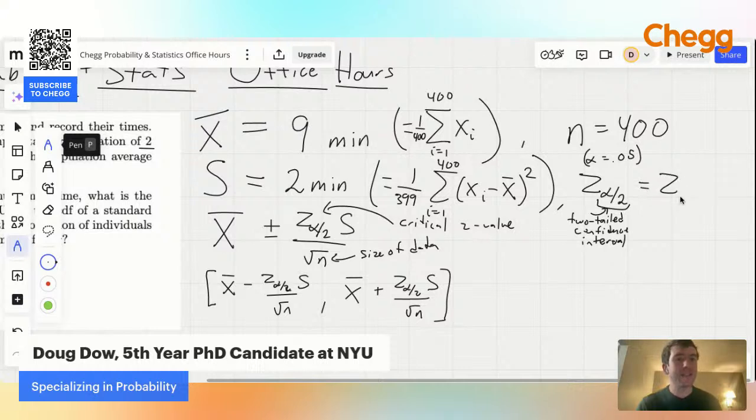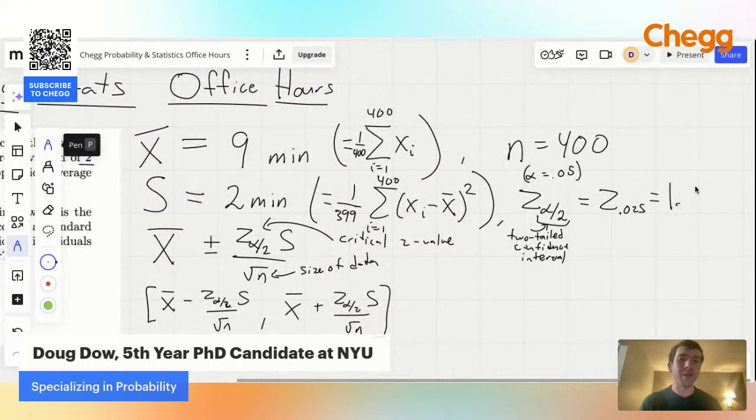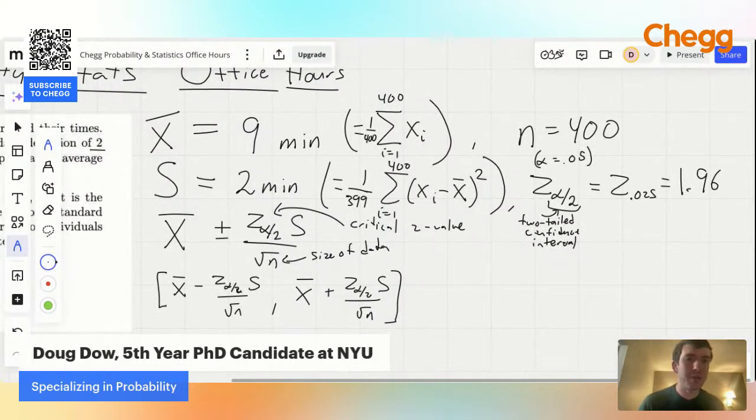And so this is z of 0.025, which we can read off from a table, and it turns out it's 1.96. Once you do enough of these problems, this is one of those numbers that you just sort of know, but you can read it off from a table or look it up online if you want to.